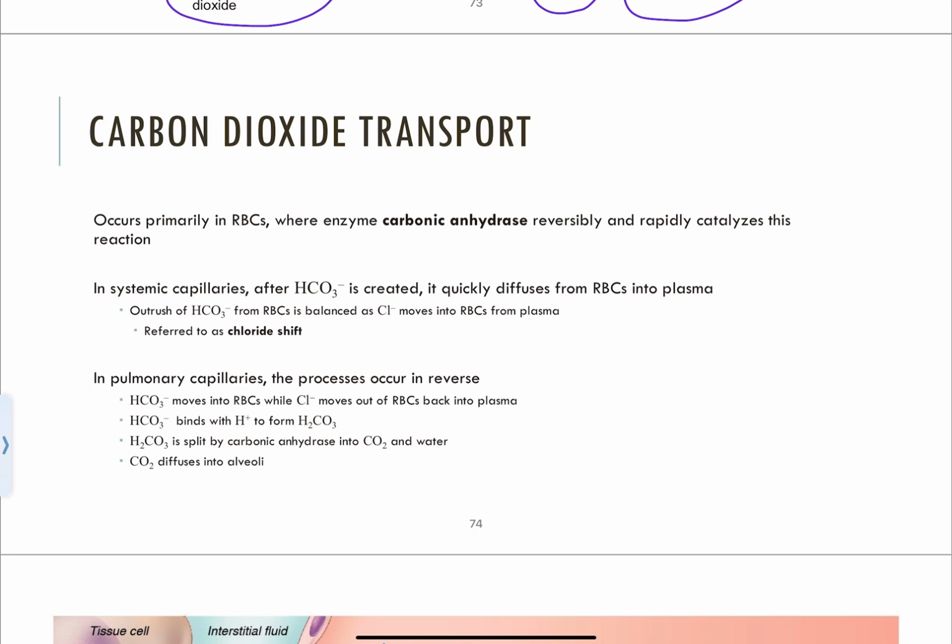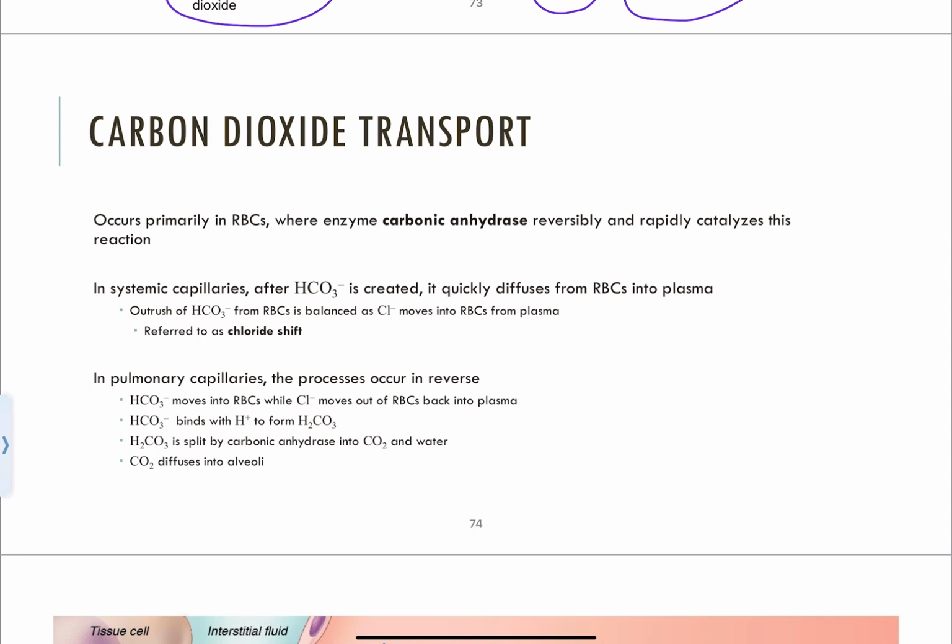In the pulmonary capillaries, the processes occur, but they're going to happen in reverse. Once we have our blood reaching our lungs, we can't expire or get rid of a bicarbonate ion. We have to reconvert it back into carbon dioxide. So the bicarbonate ion in our pulmonary capillaries is going to go back into the erythrocyte, and a chloride ion is going to move back out into the blood plasma.